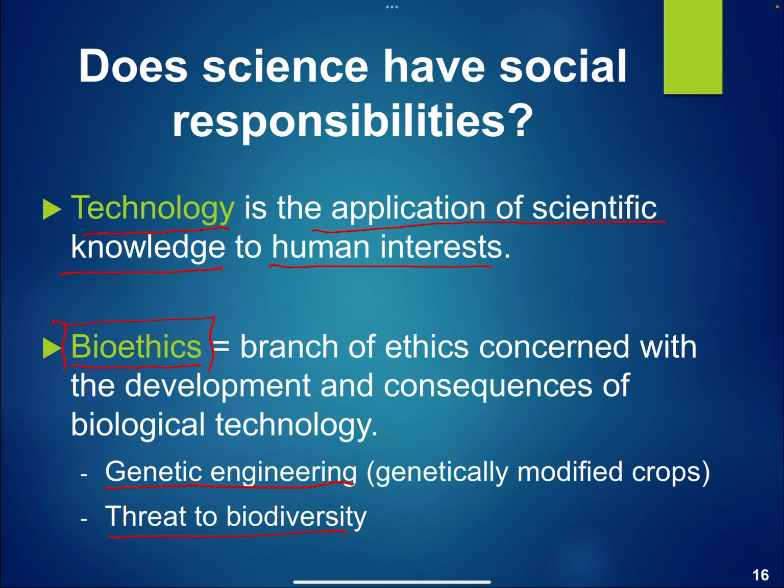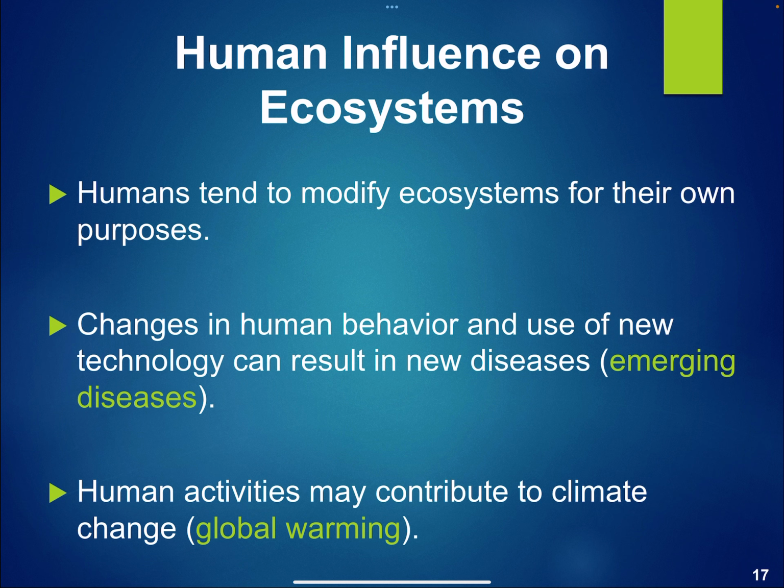All the corn that is planted and used in the United States these days is genetically modified corn. Anyway, so we humans are able to influence our ecosystem, our environment, for our good, but we also have to be aware of the impact of our activity on our environment.